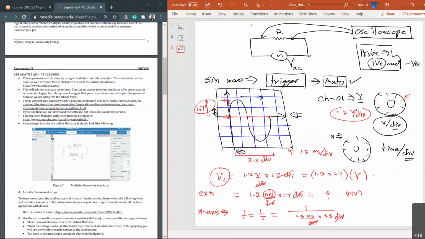Division cancels out, then you will get 1.5 times 3.3 millisecond. Then you take that number and convert millisecond into second, that is 10 to the negative 3, which goes to the numerator, then you can find the frequency.